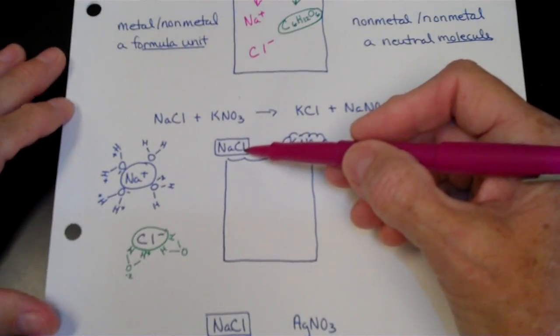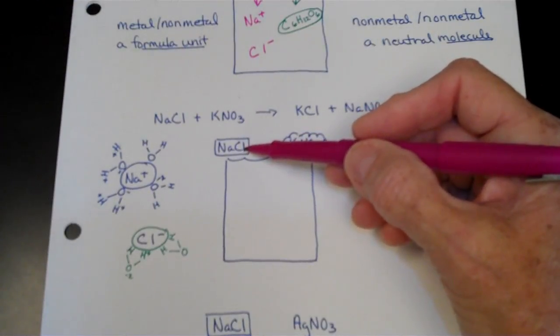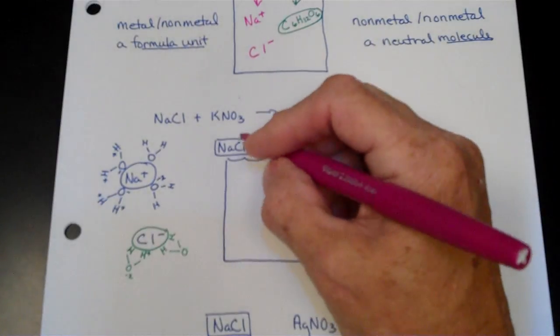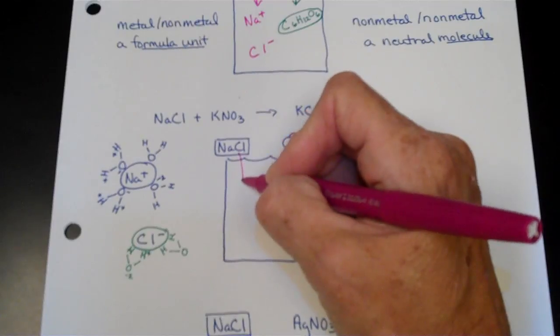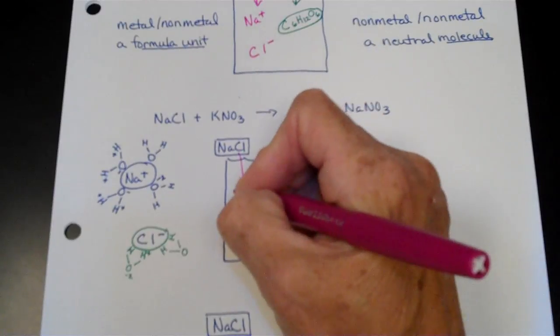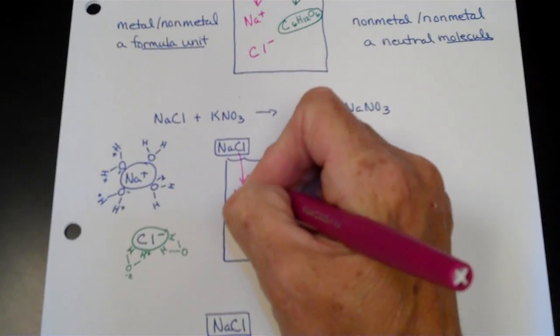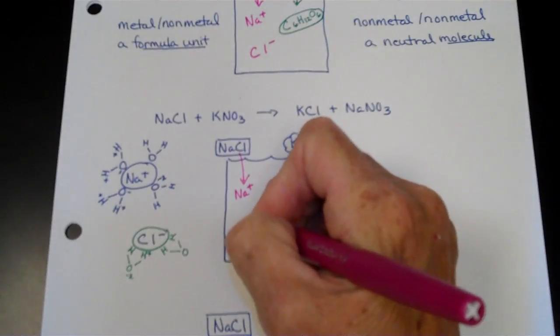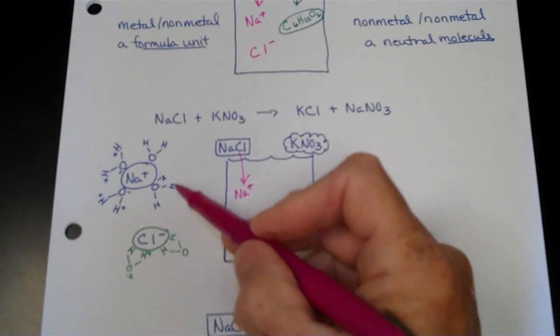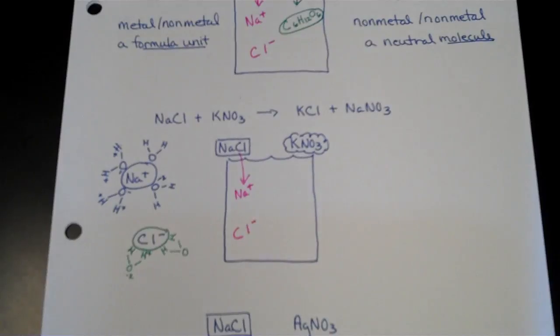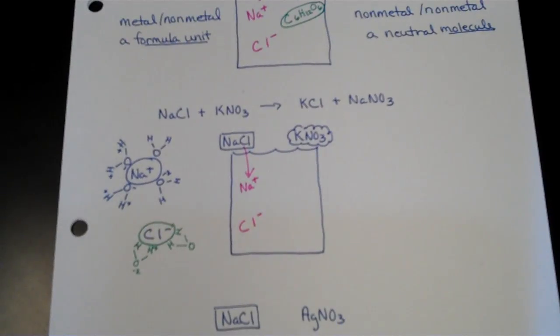There is a rule for this. All members of the first family form soluble salts. So when we have NaCl, it will dissolve in water and break up to form Na pluses and Cl minuses. Again, the water is going to encapsulate them to keep them separate in the solution.